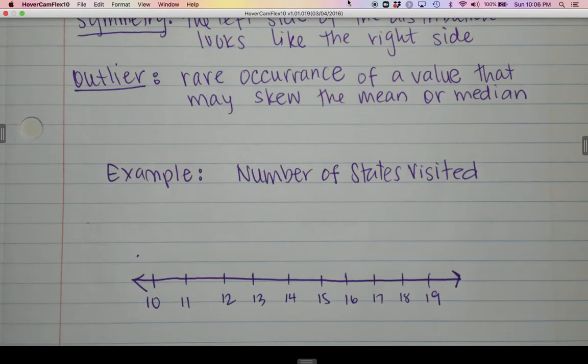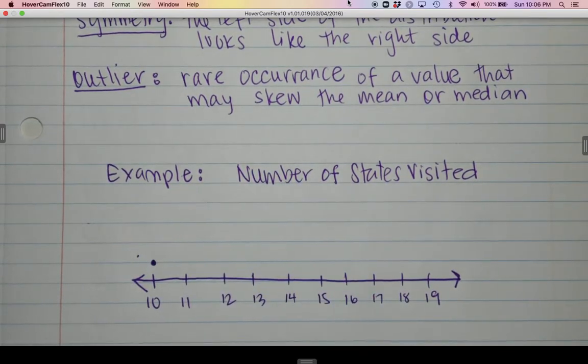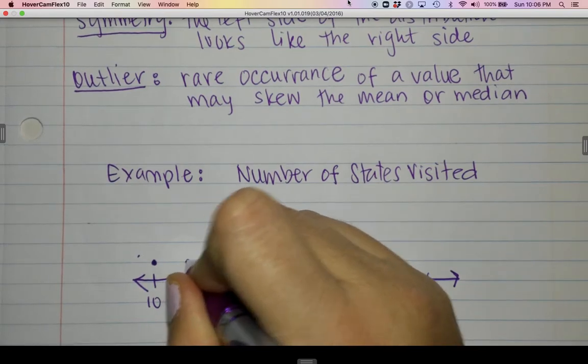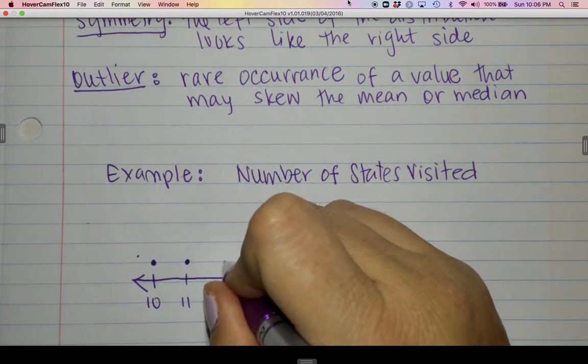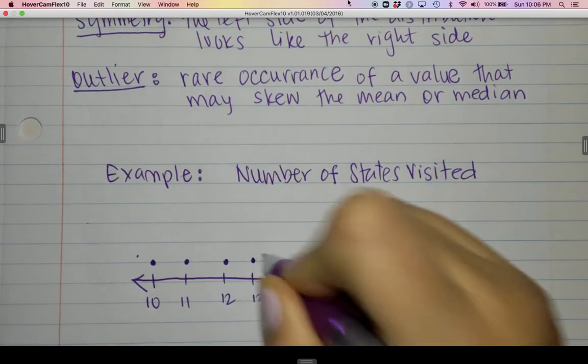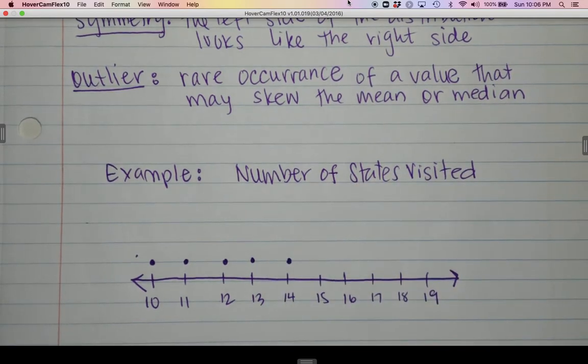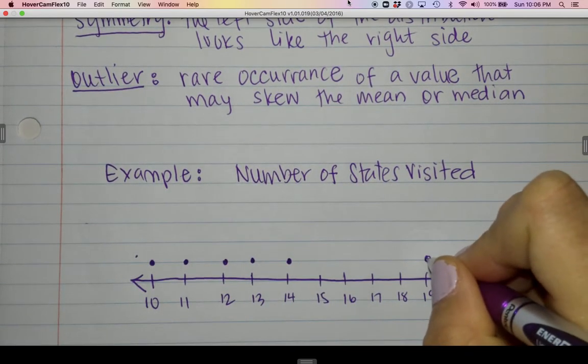All right, so my data includes 1 at 10, 1 at 11, 1 at 12, 1 at 13, 1 at 14, and 1 at 19.